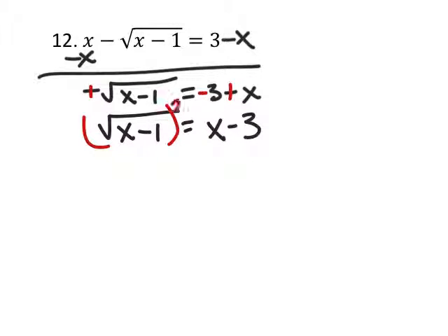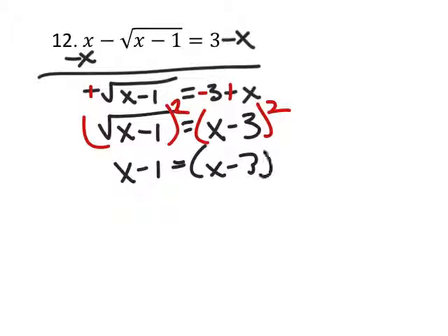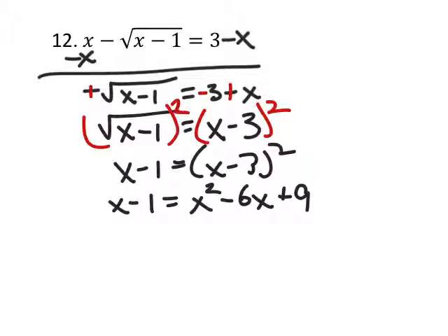So as we square both sides of this equation, we'll get rid of that square root, so we have x minus 1 equals x minus 3 squared. Well, if we actually end up squaring this, we're going to end up with x squared minus 6x plus 9.